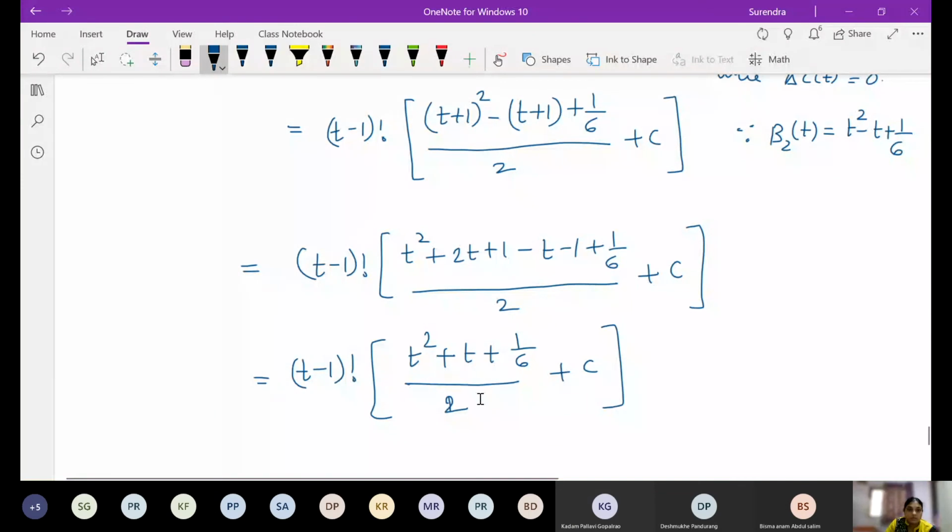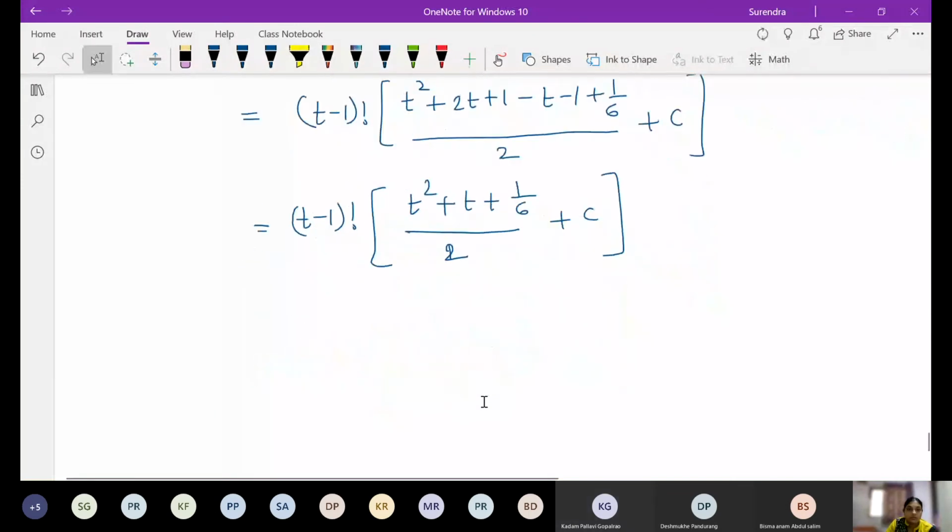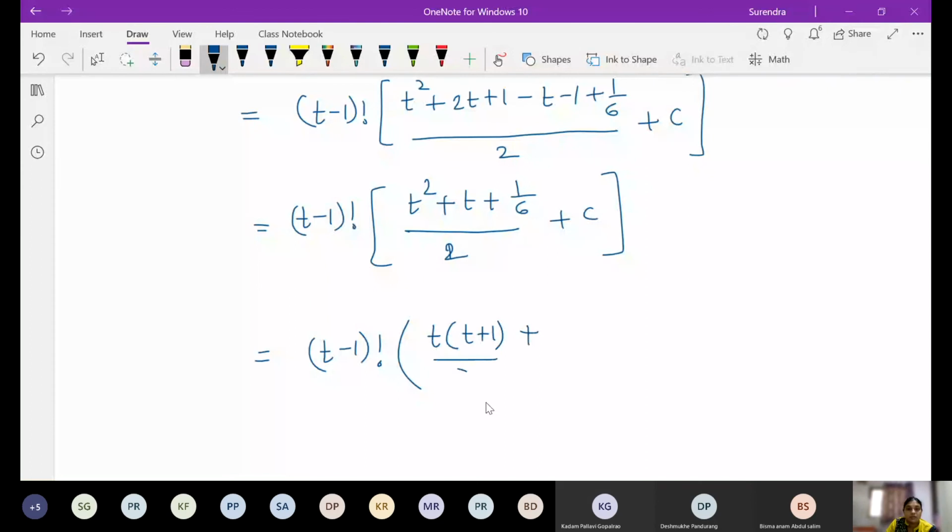So t minus 1 factorial, this I can write as t plus 1 by 2 plus 1 by 12 plus c. Can I write like this? 1 by 6 by 2 is 1 by 12 plus c.